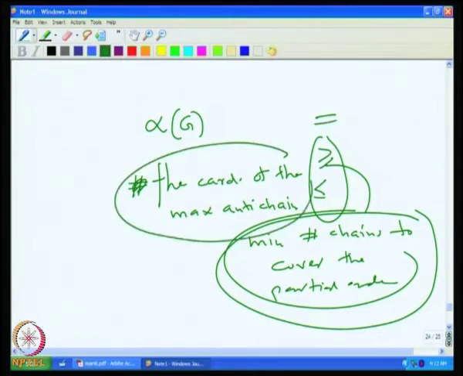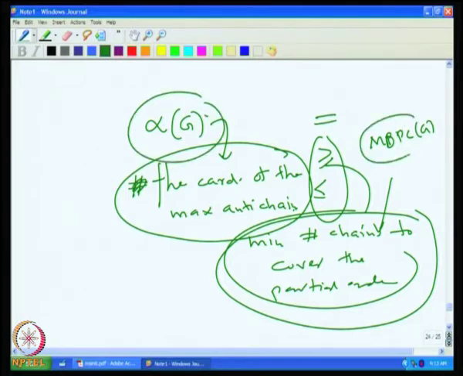The cardinality of the maximum anti-chain is alpha, remember, with respect to the graph, and this is the MDPC of G, the minimum directed path cover. That one is less than the other follows immediately from the definition, because two elements in an anti-chain cannot be part of the same chain.